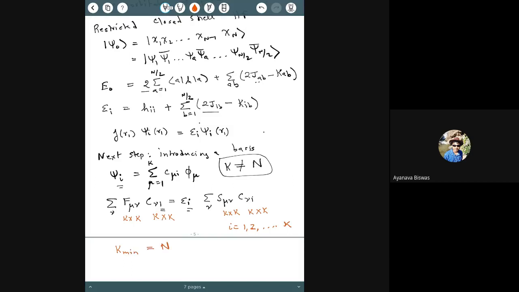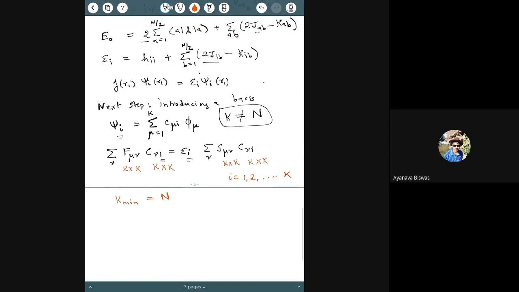And why is that? Because I need at least n orbitals to represent an n electron system as a determinant. So the minimum number of basis functions that I need is n. However, there is no constraint on k being greater than n.